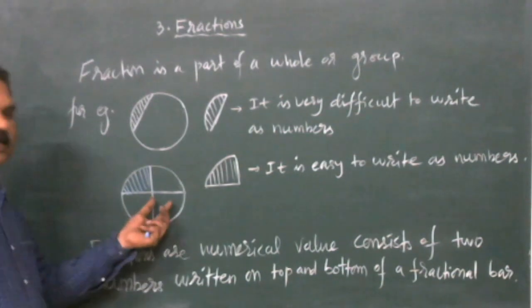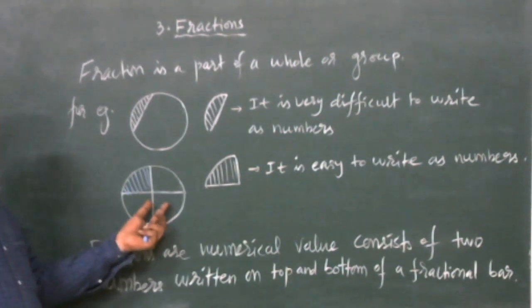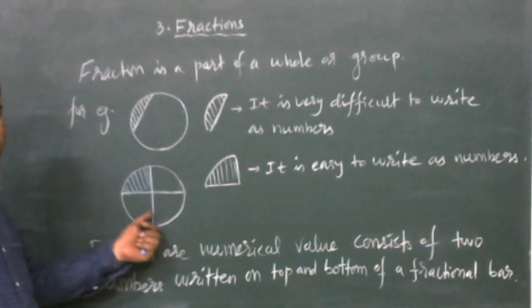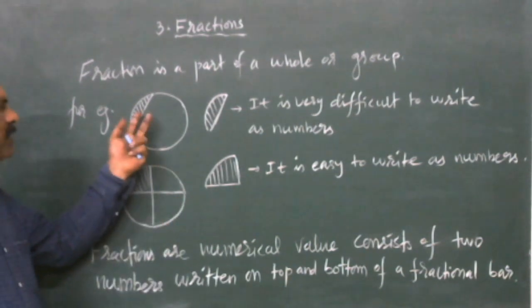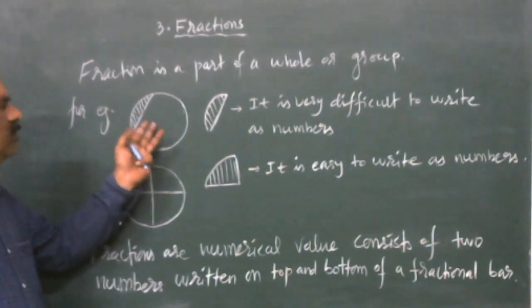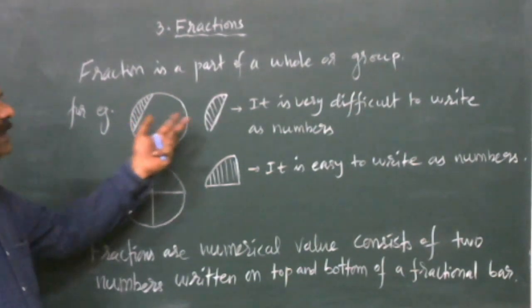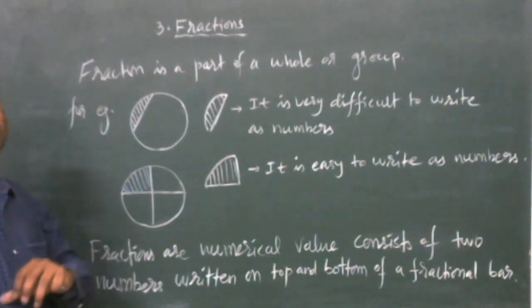The reason is, here the parts are equal. Here the whole is divided into equal parts. If we can divide the same type of piece, then we can easily write this part in terms of numbers.